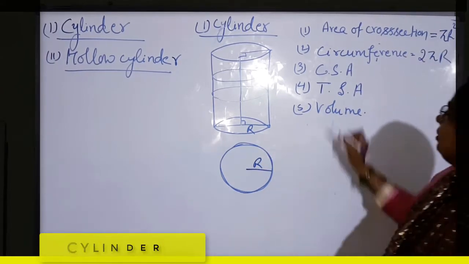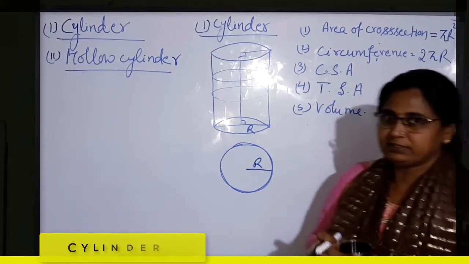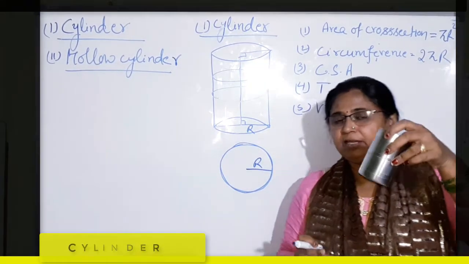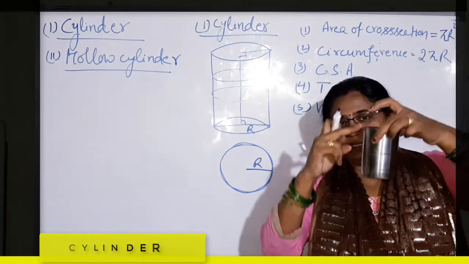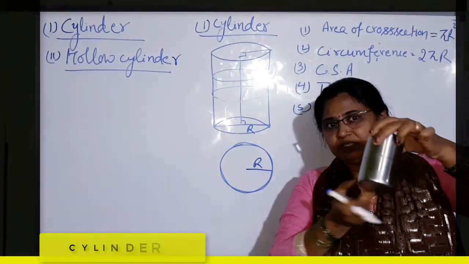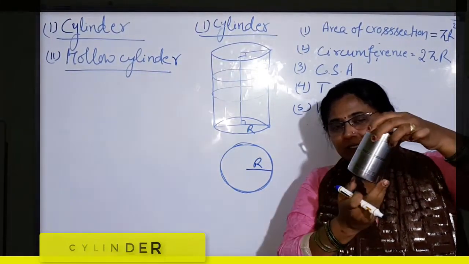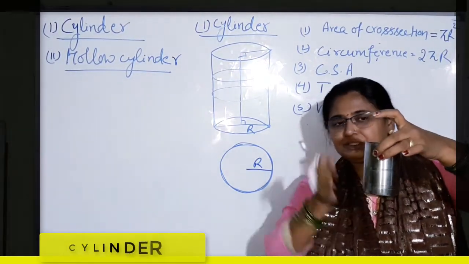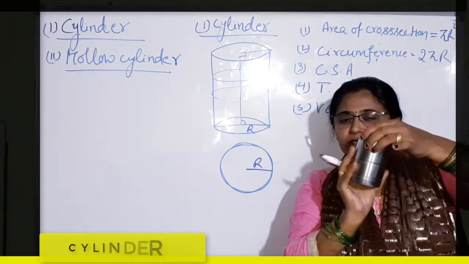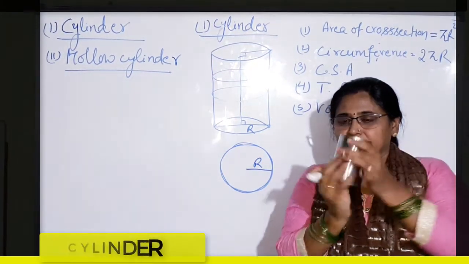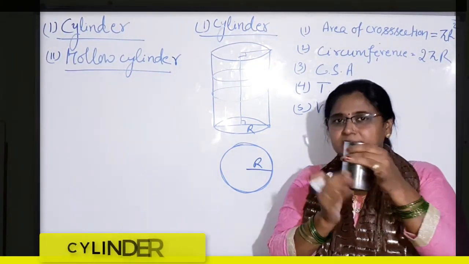Now curved surface area. Suppose in this cylinder we have to find the curved surface area. That means we find all this portion, excluding the bottom and top. Curved surface area is also called lateral surface area.